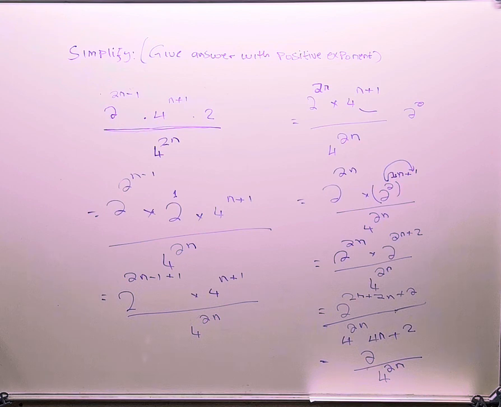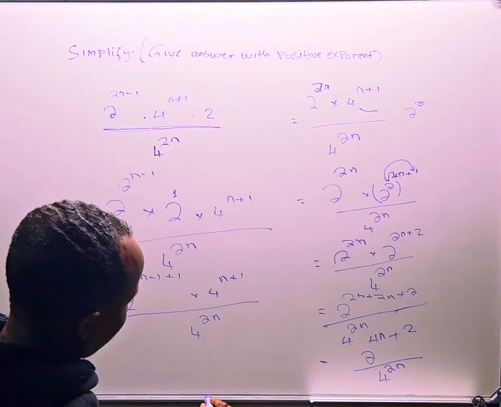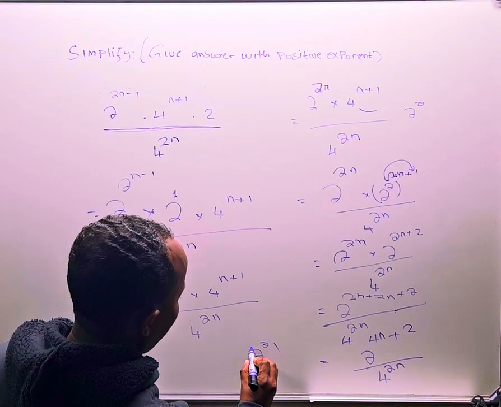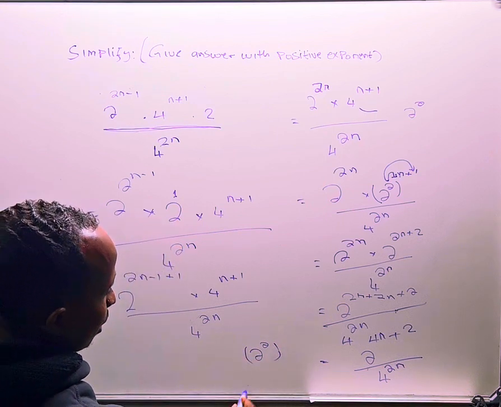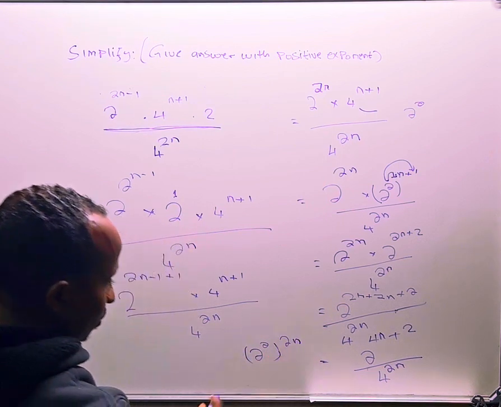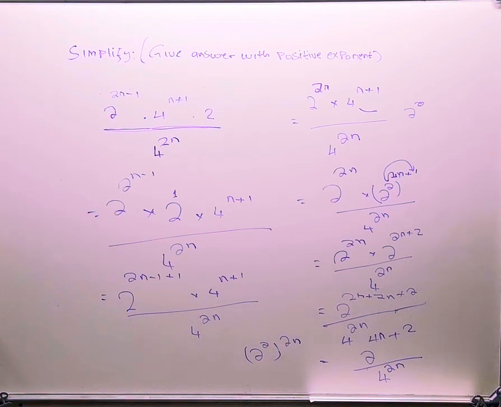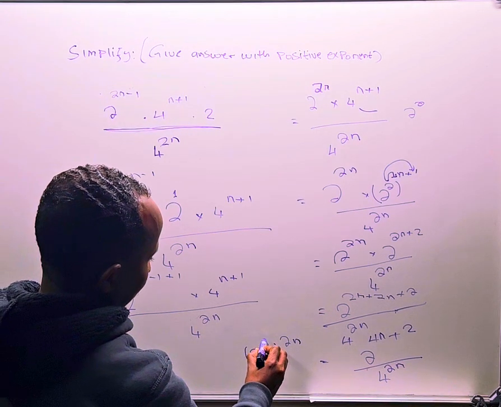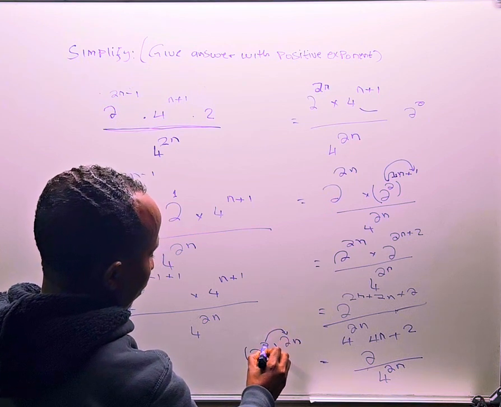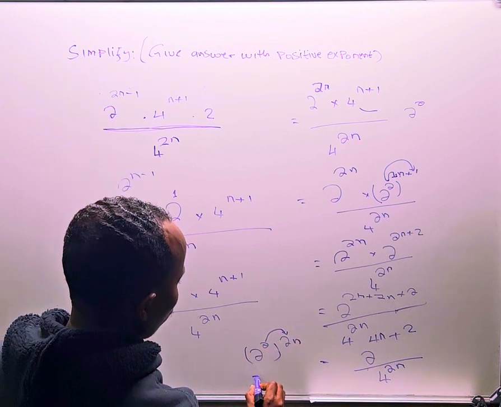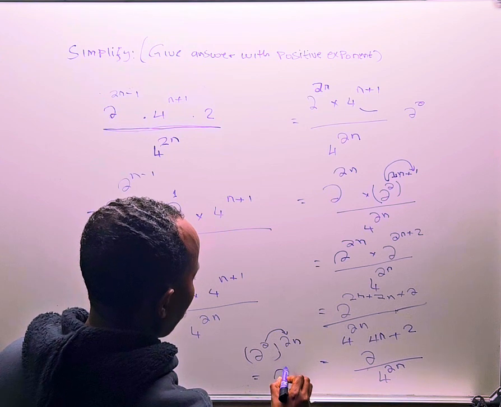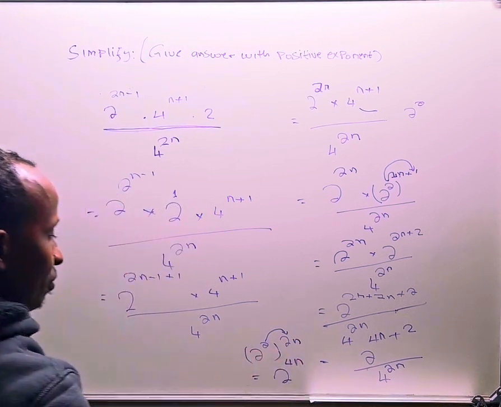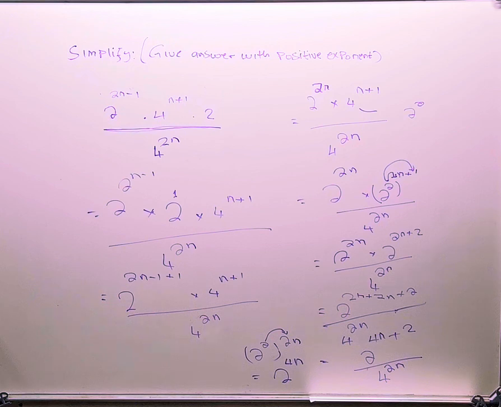Because 4 to the power of 2n can be rewritten as (2 squared) in bracket, after prime factorizing, raised to the power of 2n. And here I will use law 3, which says if a power is raised to a further power, multiply the exponents. So I will multiply this 2 by 2n, which gives me 2 to the power of 4n. Done. I made the bases the same.